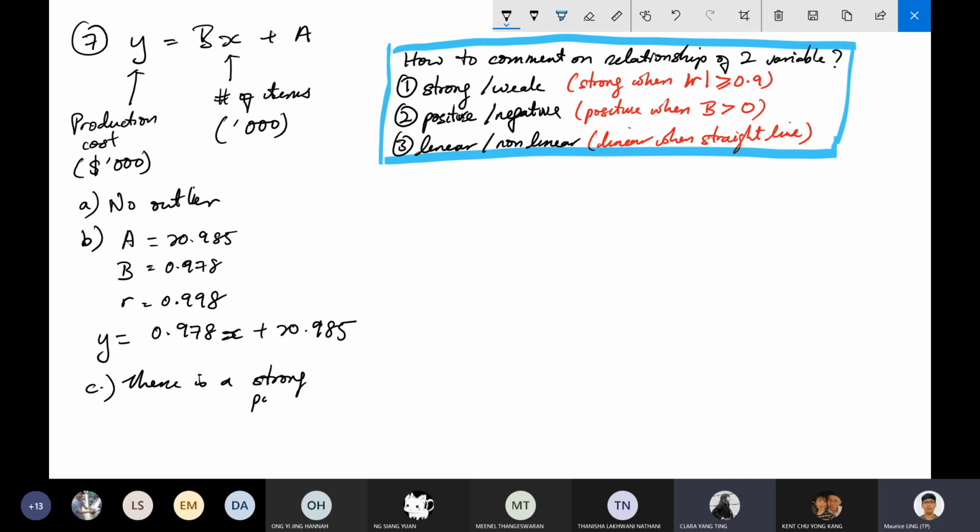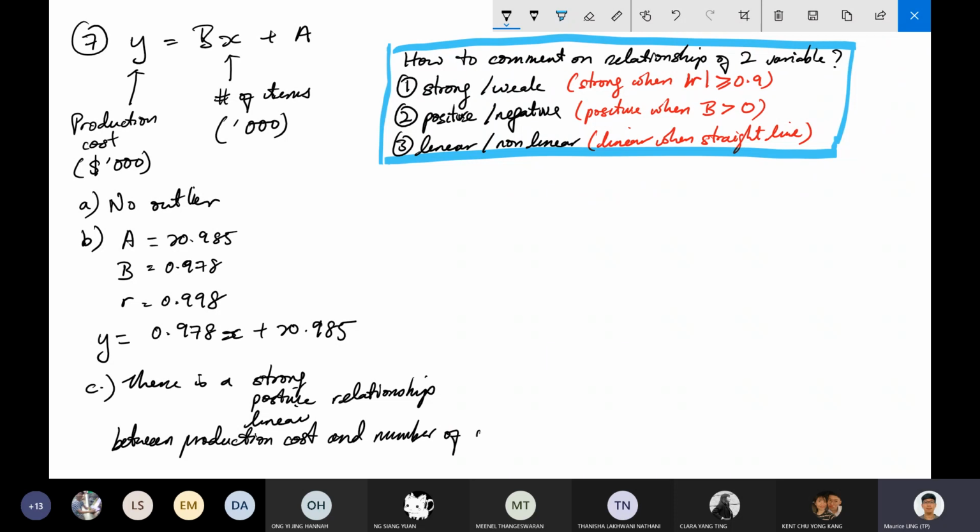Correct. Strong, positive, linear relationship between the production cost and number of items produced.